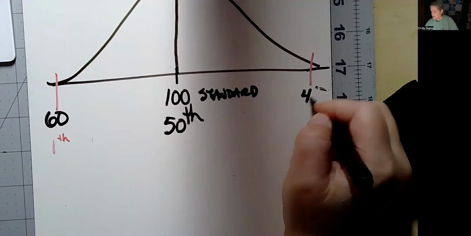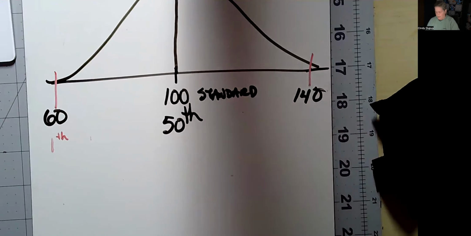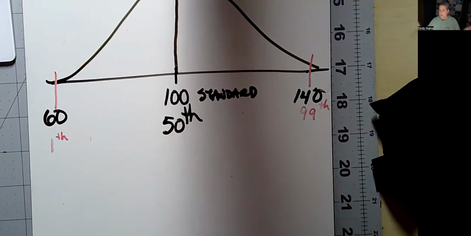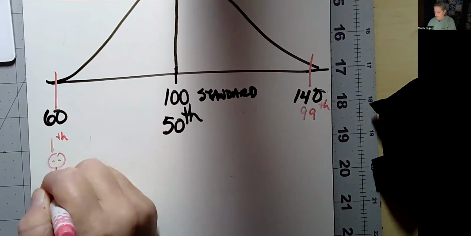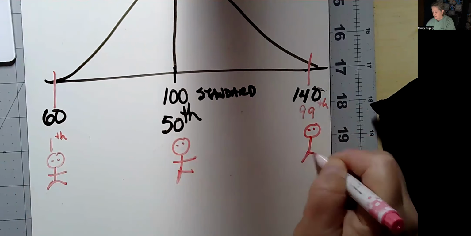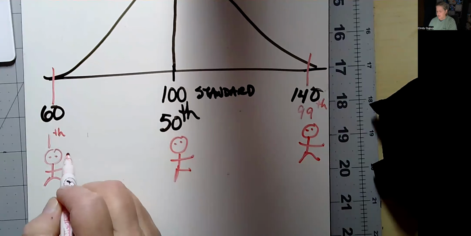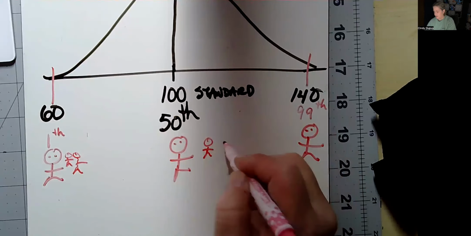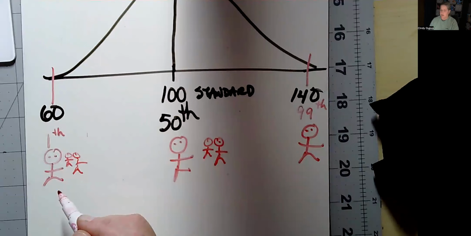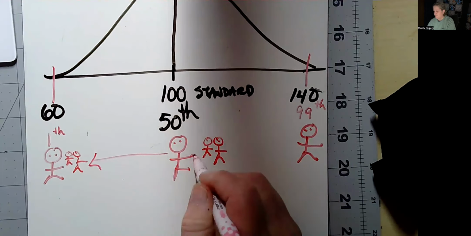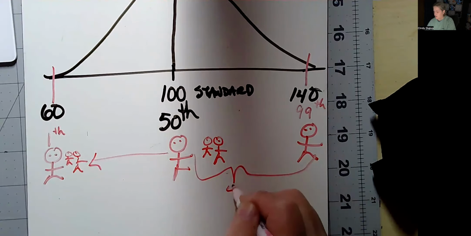So what this means in this case is that if we were to go out and take 100 students from all over the United States, and we line them up in rank order, and you score at the 50th percentile, and if you can imagine 50 little bodies down here and 50 little bodies up here, when you score at the 50th percentile, you beat 50 kids and 49 kids beat you.